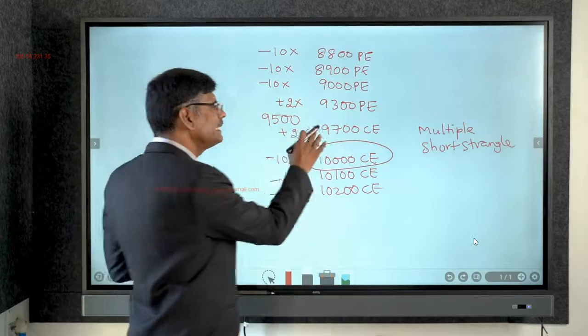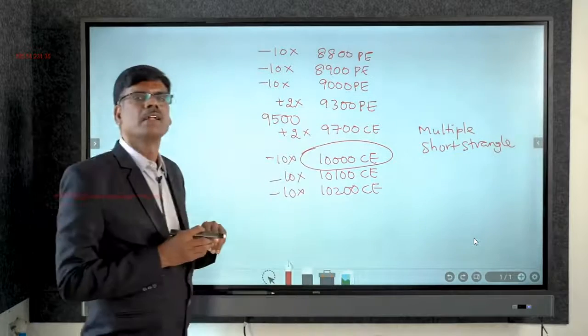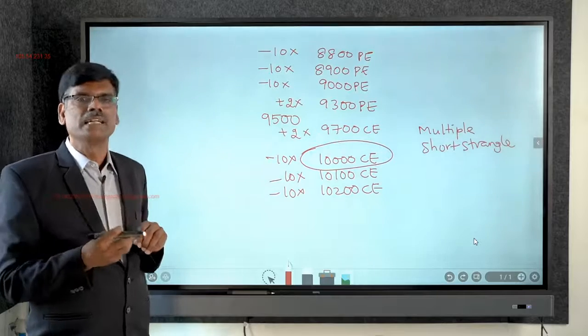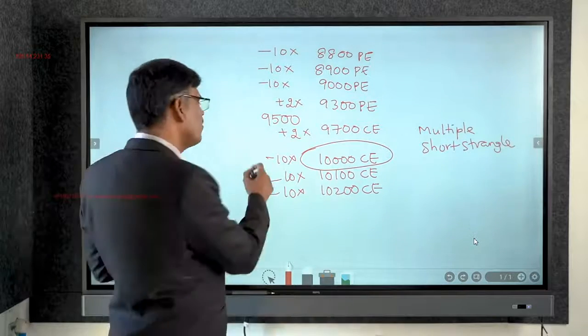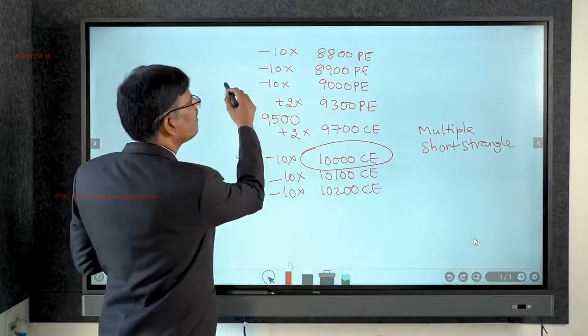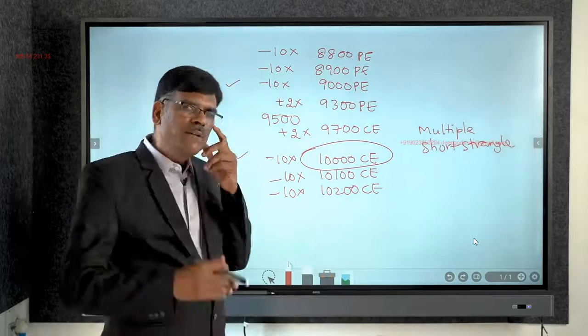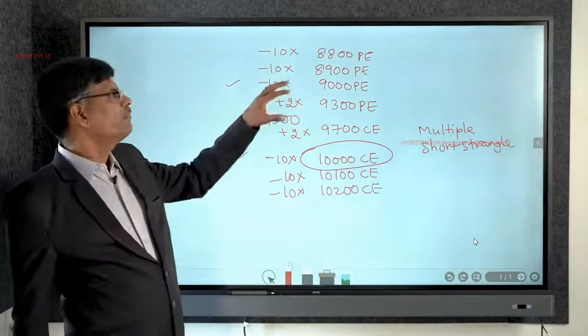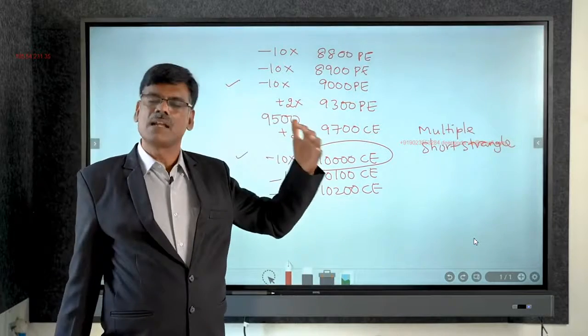So why is this required? When markets move violently, right? The market may not go above 10,000 or may not go below 9,000. But if the market makes a 200, 300 point violent move, okay, let us say the market is moving violently on the downside.